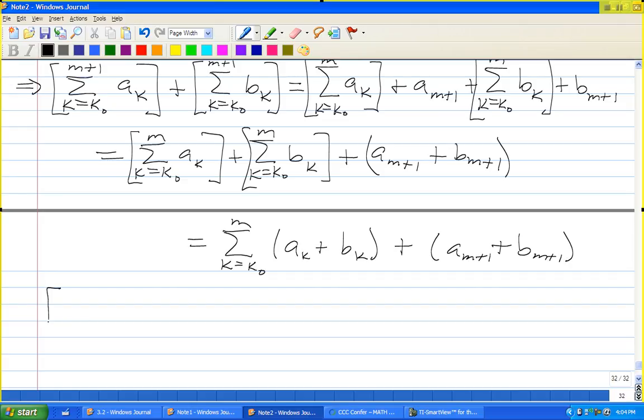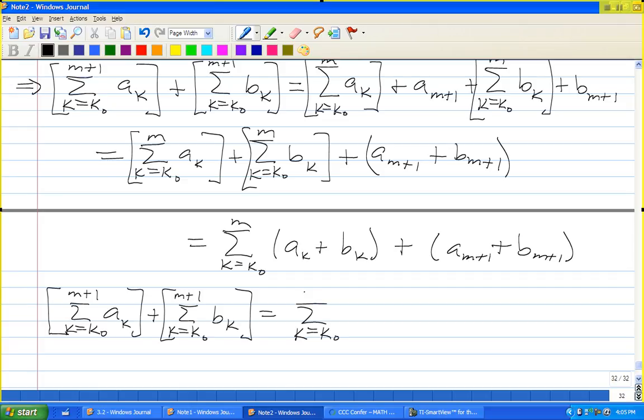And so I've shown that the sum of these summations, well, this right-hand side is just the sum k equaling k sub 0 to m plus 1 of a sub k plus b sub k, just by the definition of the summation.